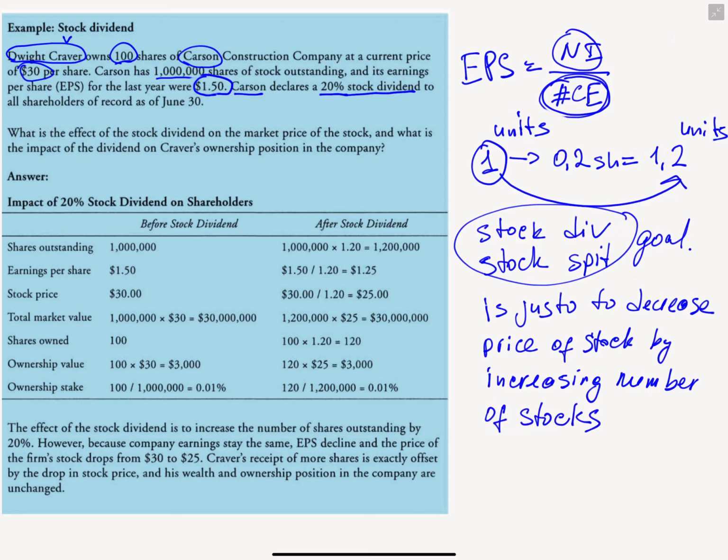For example, you have one banknote of $100, and you want to exchange it not for only one unit of banknote, but for 10 banknotes with a nominal value of $10.